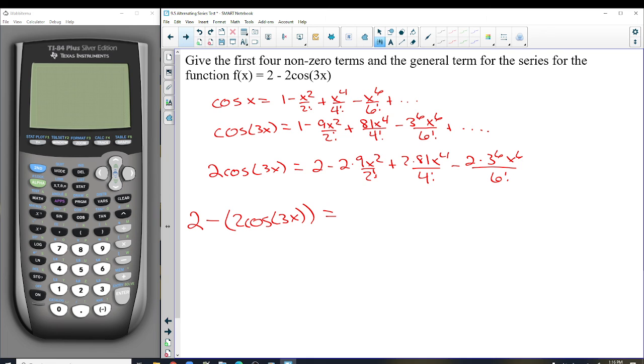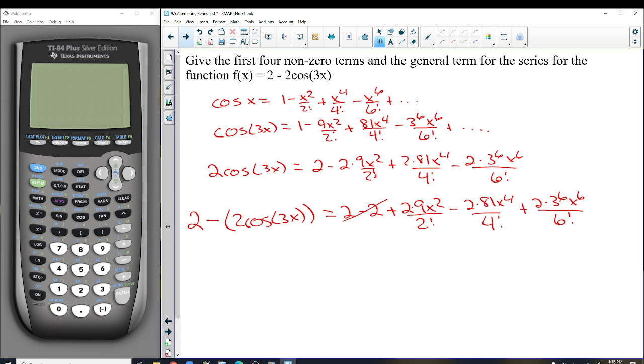So 2 minus 2 plus all of this kind of opposite sign now, minus 2 times 81 x to the 4th over 4 factorial plus 2 times 3 to the 6th x to the 6th over 6 factorial. So the 2's cancel, gone.